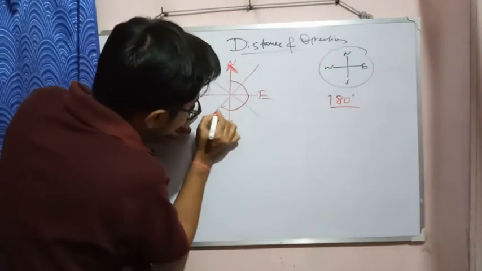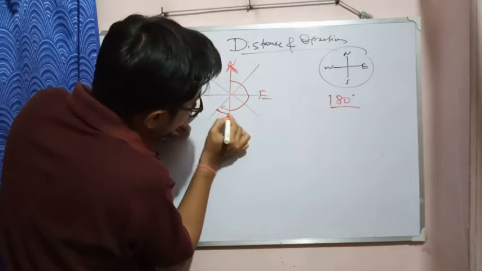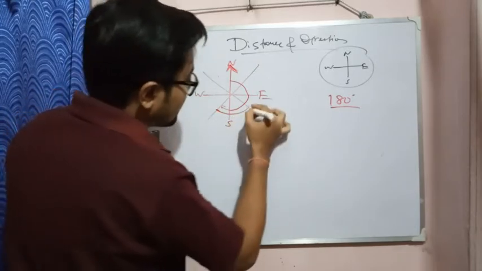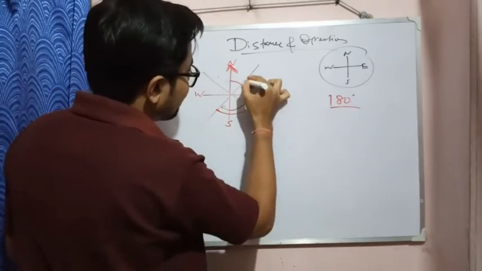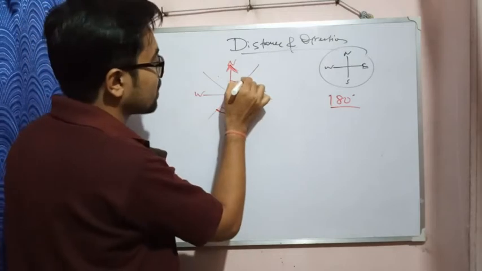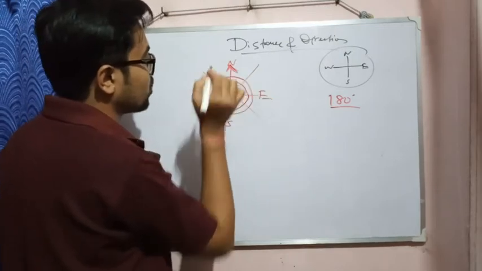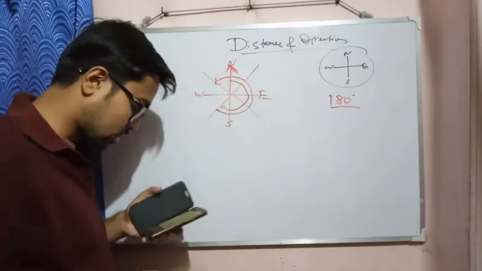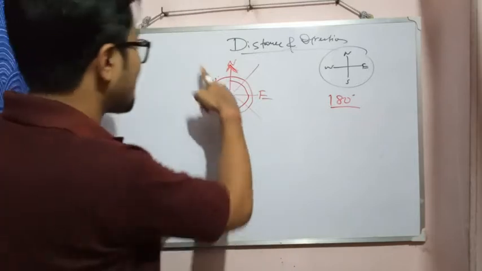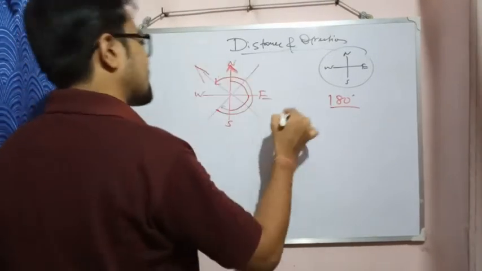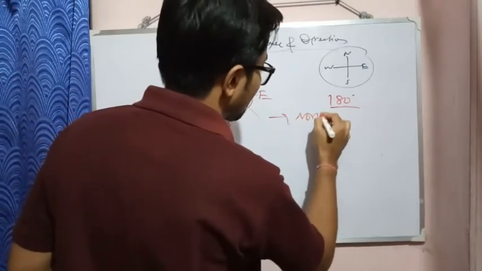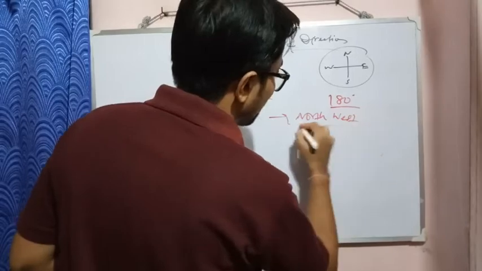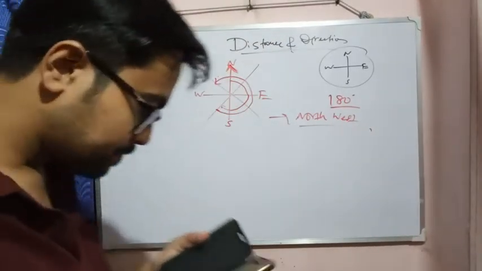That means from this point 270, that means 45 and 45 90, 45 45 90 180, 45 45 and 270. This is your point. Question: which direction is he facing now? He is facing in northwest direction. So your answer is northwest. Clear?